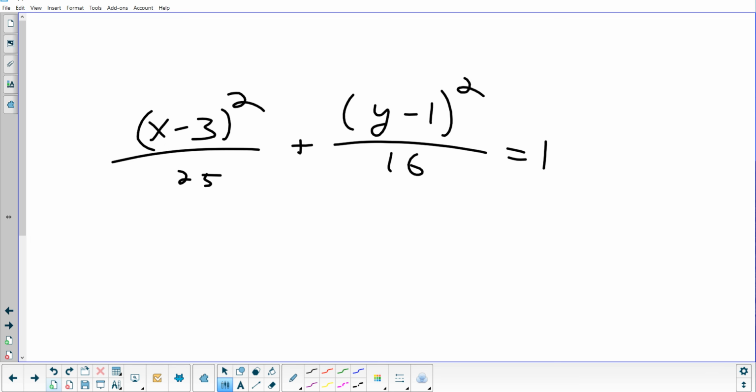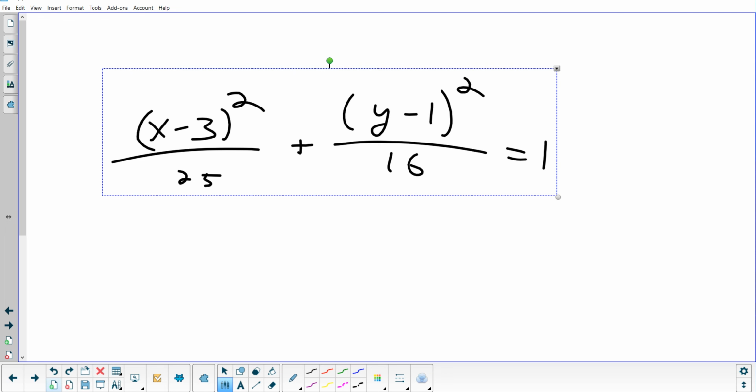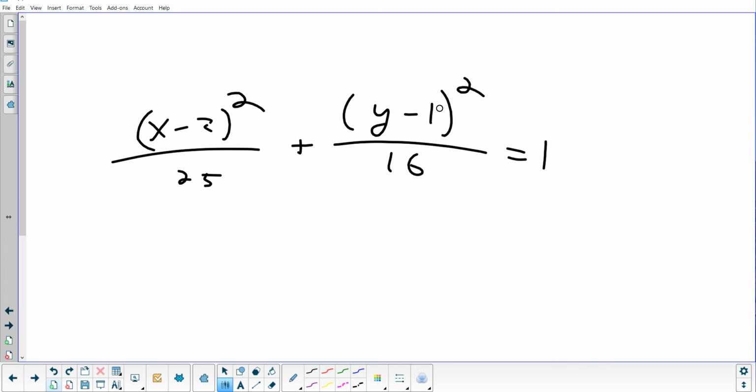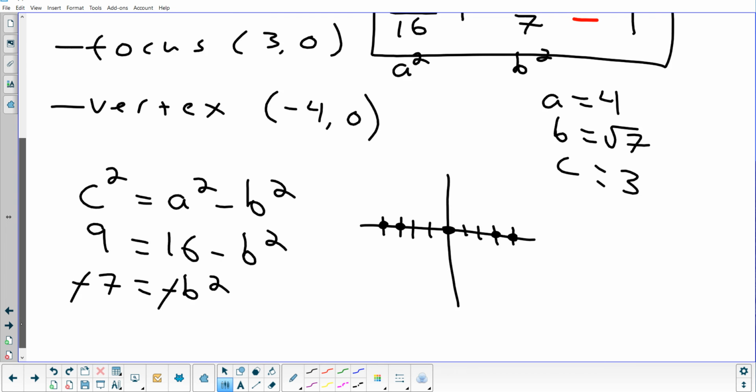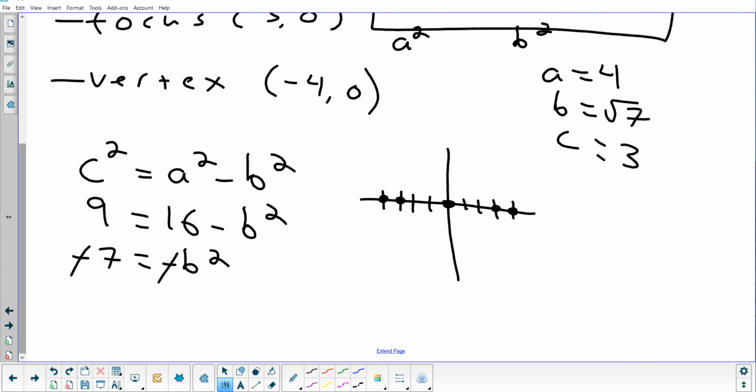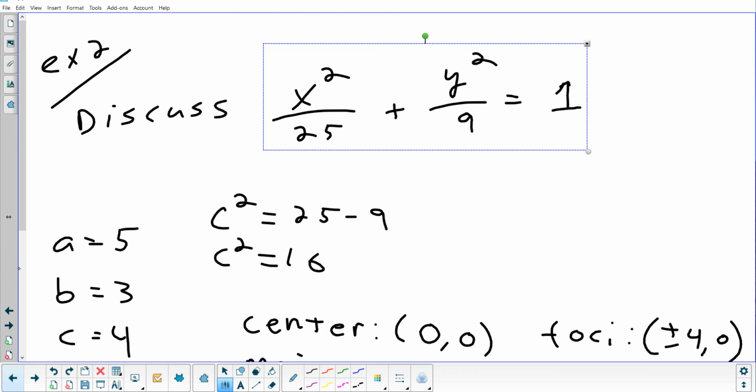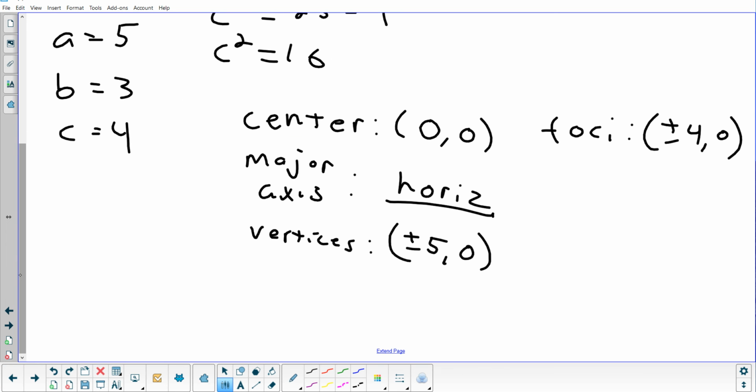That's an ellipse, because it fits the pattern, but because of this -3 and -1, it's been shifted. When you don't have these two numbers, it's always going to be at the origin. That's at the origin. Any other questions on those?